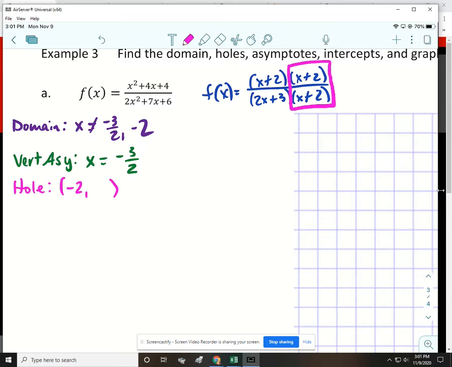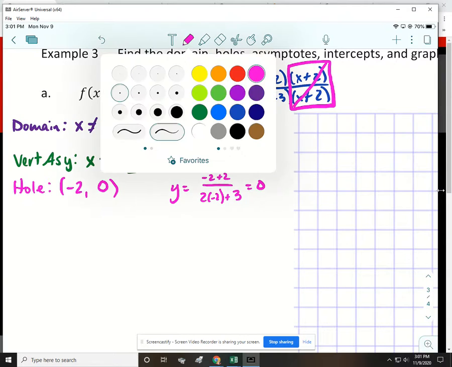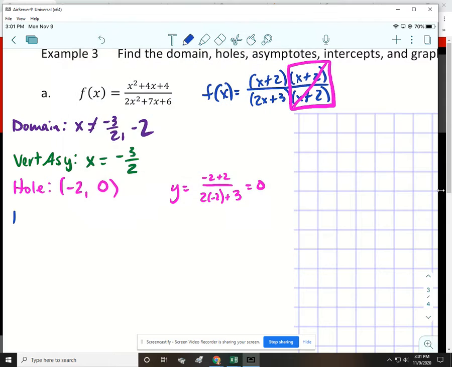And then to find the y part of the hole, we take that -2 and we plug it in for the x after we cancel out. So that's going to give you 0. That's where the hole is. Okay, so let's talk about the horizontal asymptote.